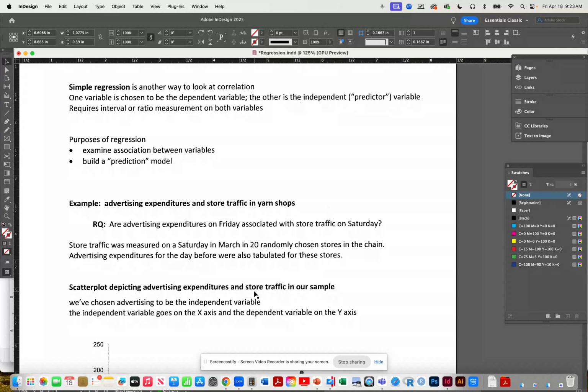And then here's a new one that we didn't talk about with correlation: we can build a "prediction" model. The reason there are quotes on that is that it predicts a value based on your independent variable, but it doesn't predict the future. That's an important distinction to remember.